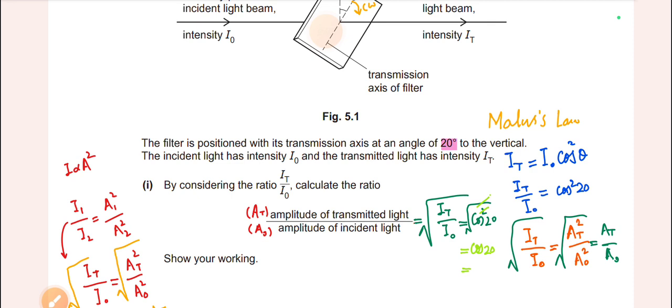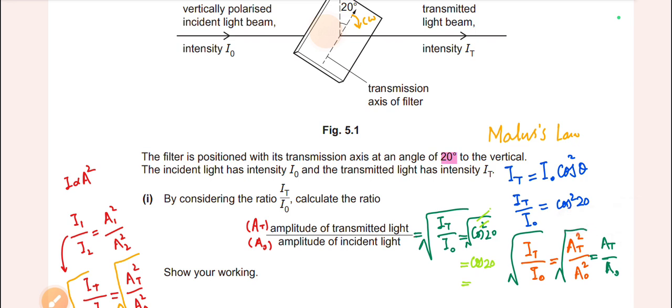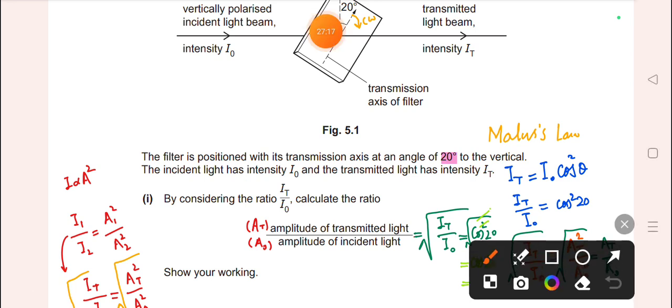So when it says to find the relation between the amplitudes, for Malus's law we know the formula which involves the intensities. So we can find the ratio of intensities, the transmitted and I naught in actual.